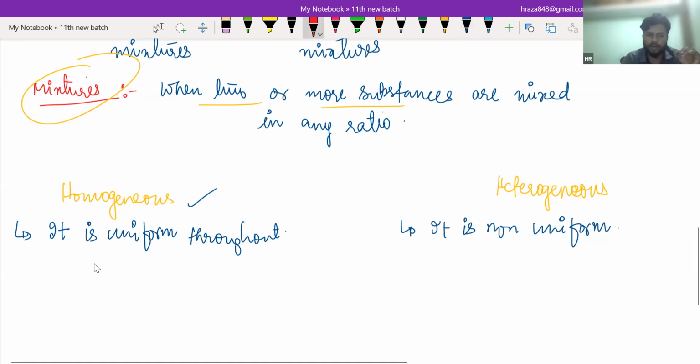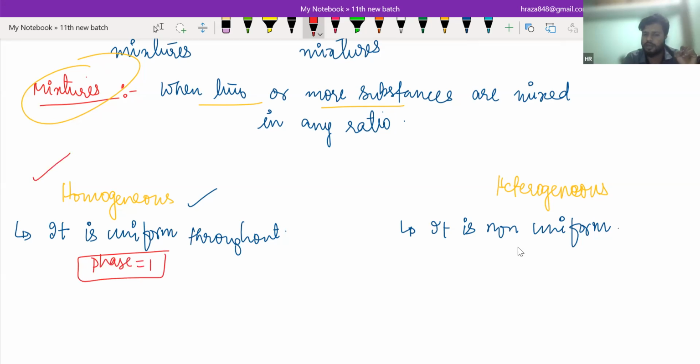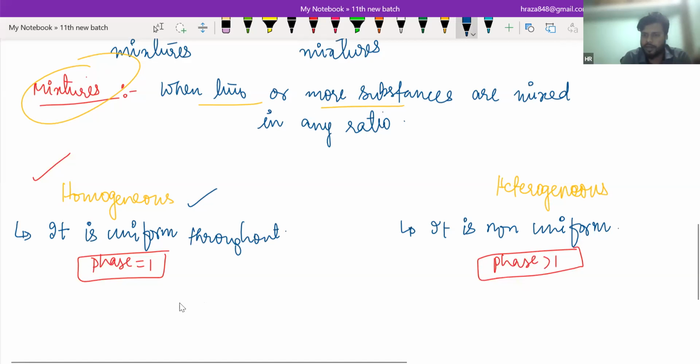Or we can also define it: a mixture which has phase equal to 1 is called homogeneous mixture, and a mixture which has phase greater than 1 is called heterogeneous mixture. Just listen to me carefully and then you will write. Phase, what does it mean?